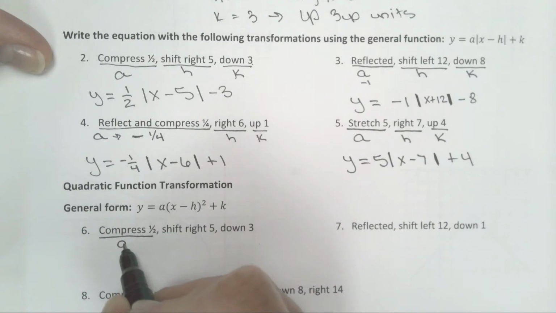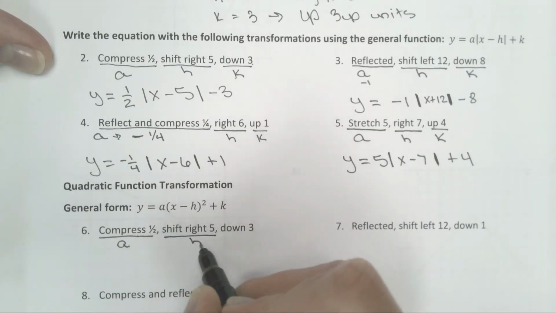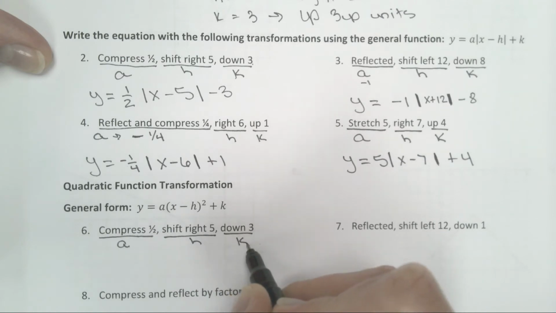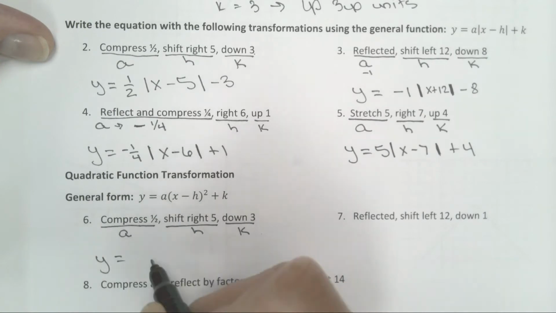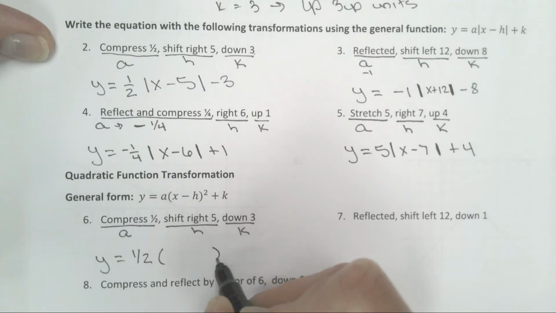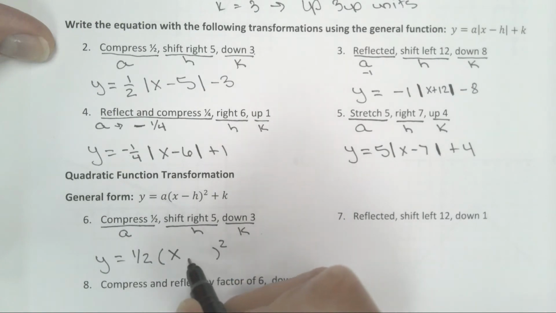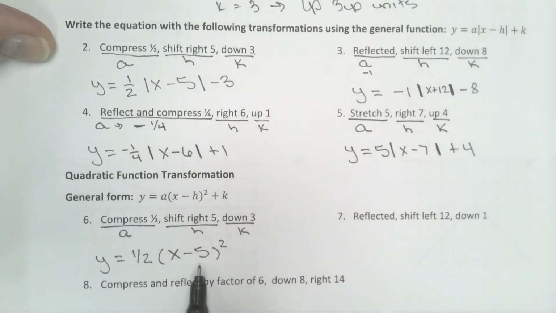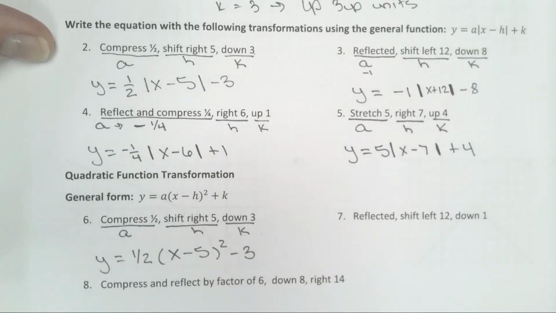Compress is a phrase associated with A. Shift right goes to H, and down 3 goes to K. So compress is 1/2. Now we're going to put this right 5, x minus 5, in parentheses with this exponent because that follows your general form. And then minus 3 for down 3.